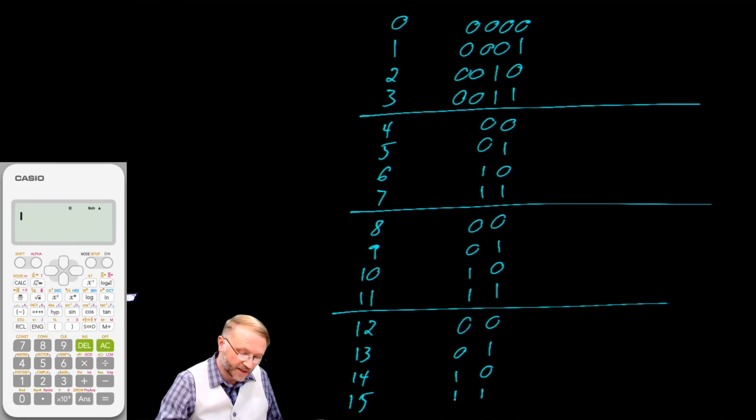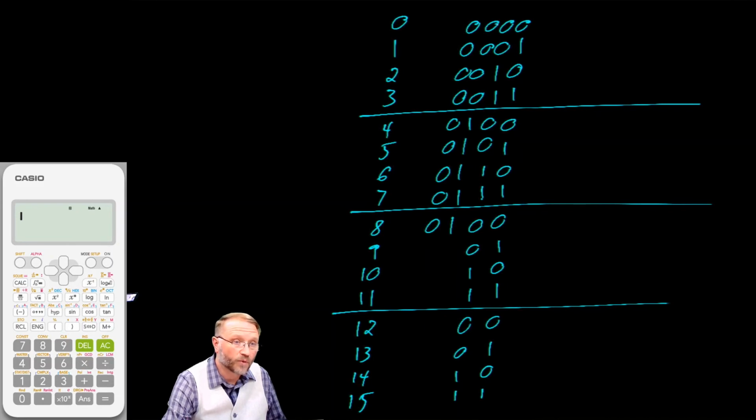Next, we deal with the 4's column. So there's the number 4 right there. So that's a 0. 5 would be 4 plus 1. 6 would be 4 plus 2. And 7 would be 4 plus 2 plus 1. Which brings us to the 8's. And I think, again, you see the pattern.